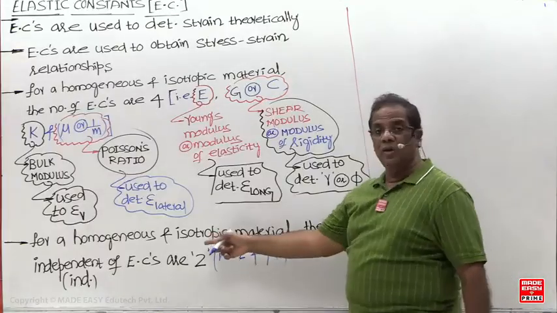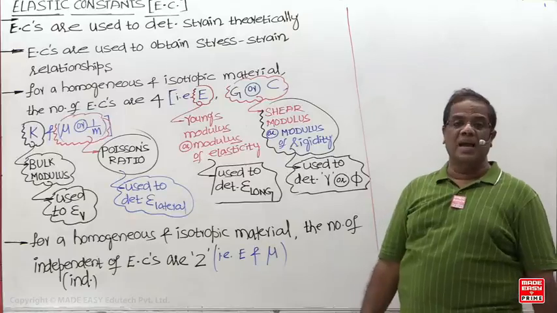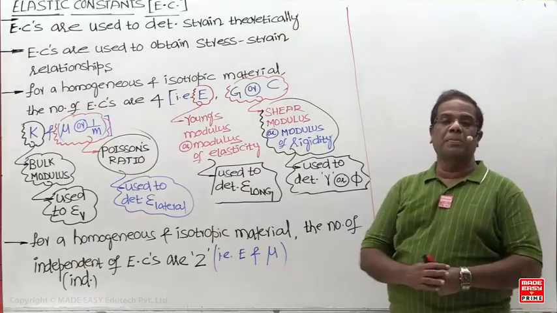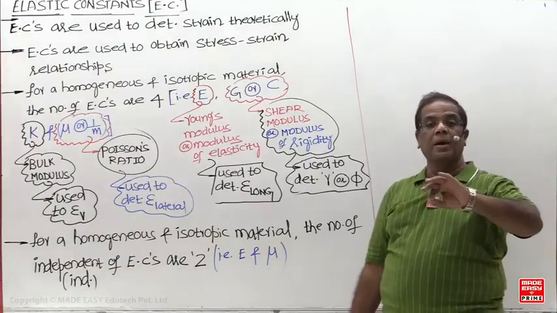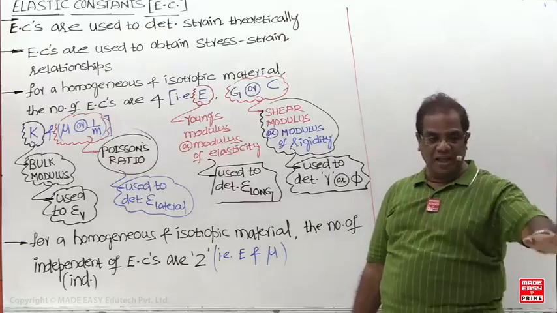But your syllabus has only homogeneous isotropic material. But they also ask some questions in examinations, especially the engineering service examination, objective paper, the prelims paper. Always they are going to deviate from the syllabus. In the mains examination, they are going to stick to the syllabus. There will not be any variation.